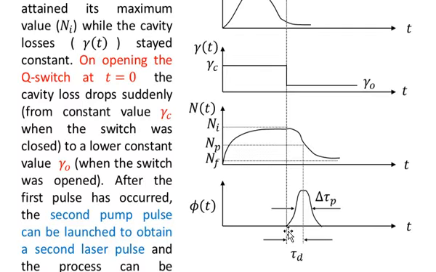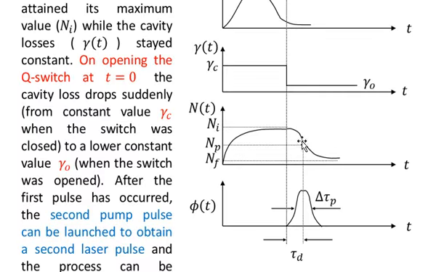The pulse starts when the inversion starts falling, and the pulse reaches its peak value corresponding to the value of the inversion which corresponds to Np. So Np is the inversion corresponding to the peak value of the photon pulse.